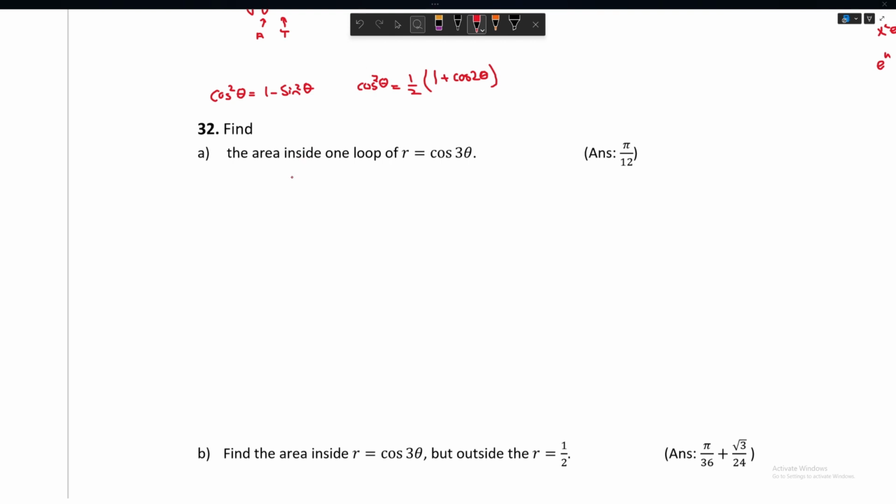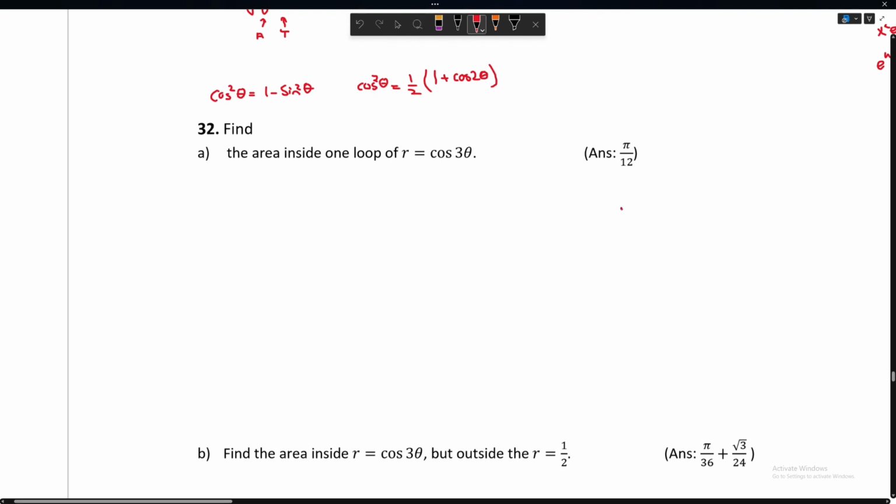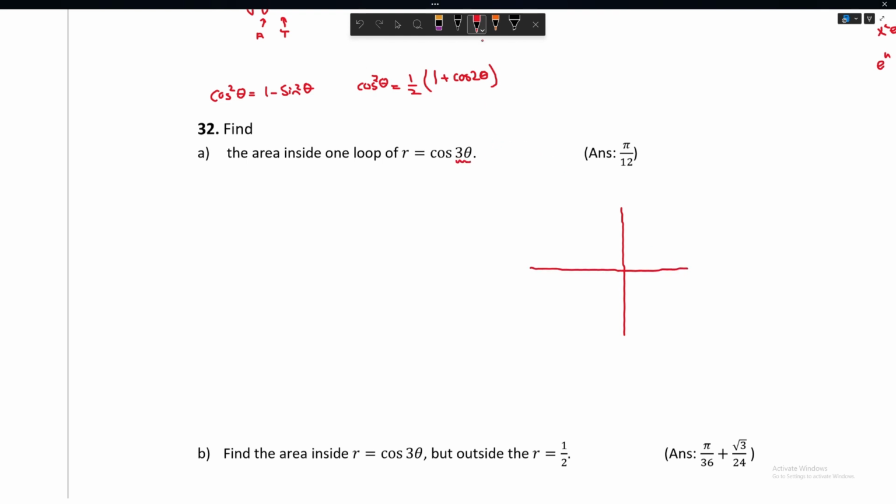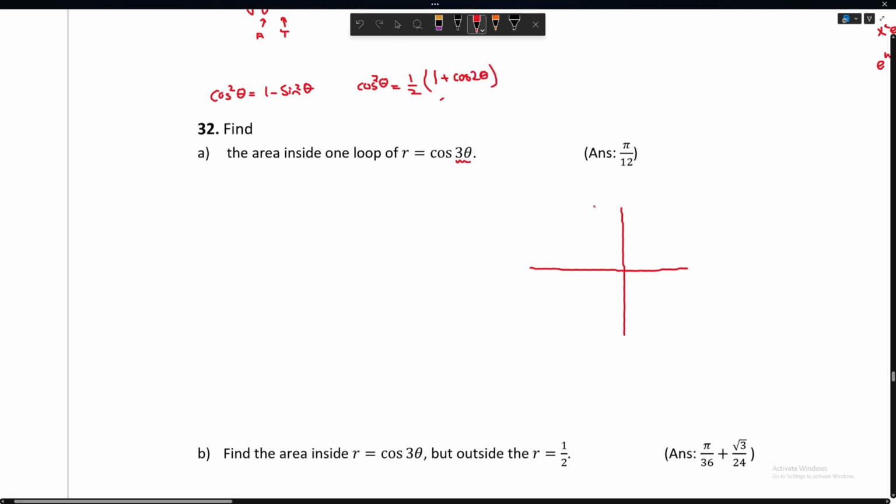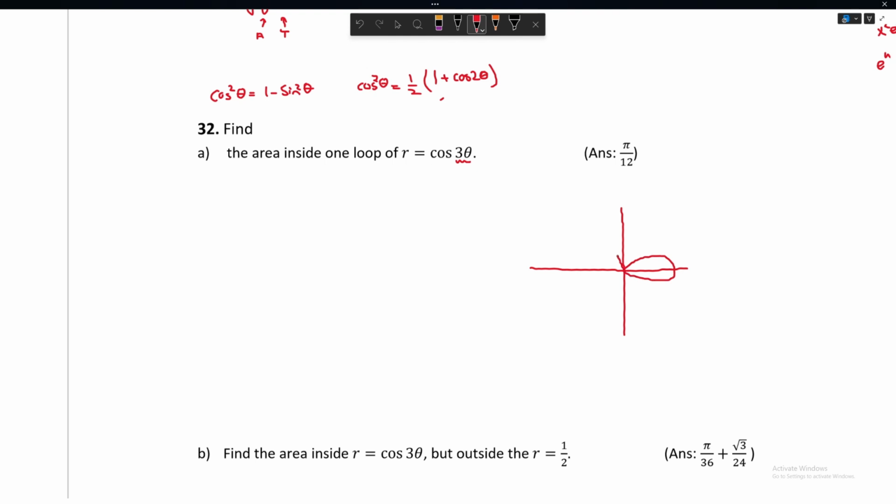The area inside one loop here. I had to pause the video and restart, unfortunately. Okay, so the area inside one loop of r equals cos 3 theta. First thing you want to do is draw this. When you're looking at something like this, since you have 3 here, this tells you that there's 3 of them.